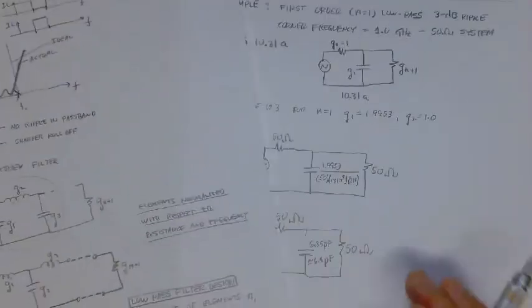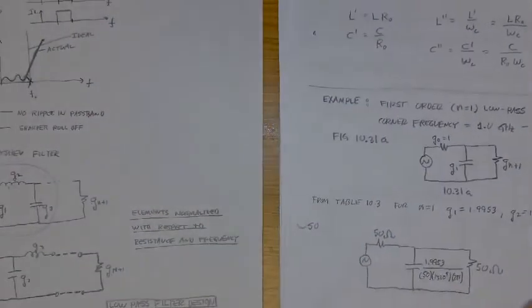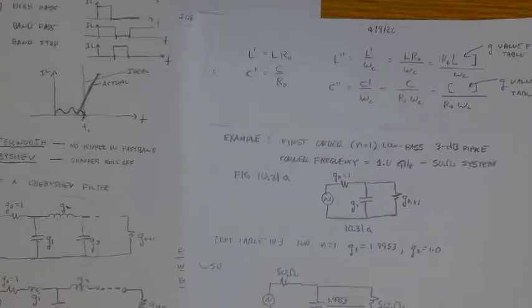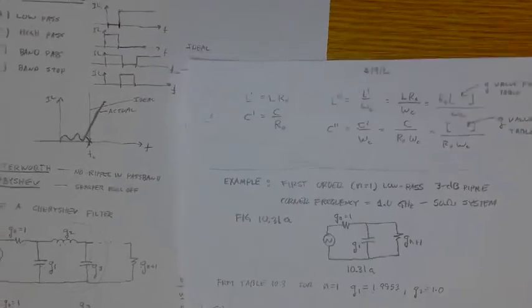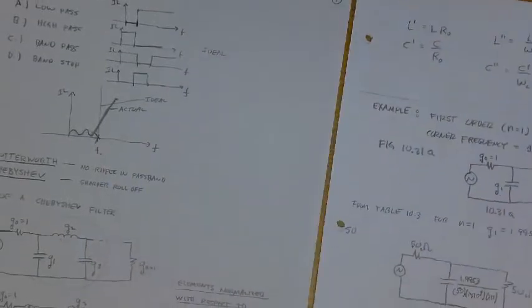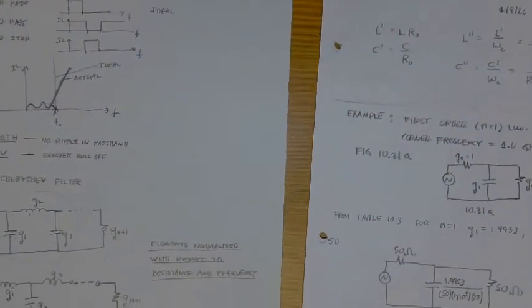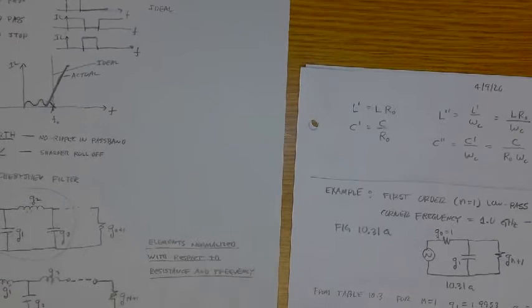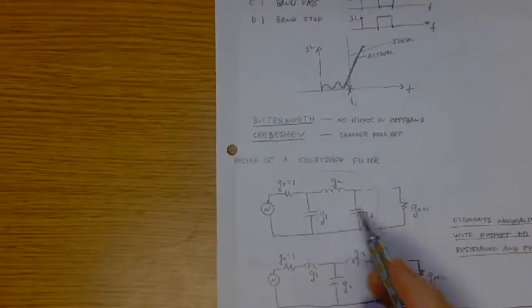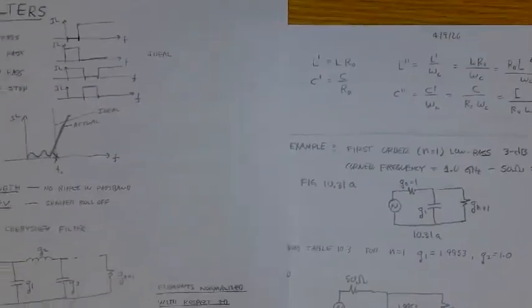Okay, page one. So then once we get our G sub n values, then we can determine our values of inductance and capacitance in our low pass filter circuit. How are we going to get those?